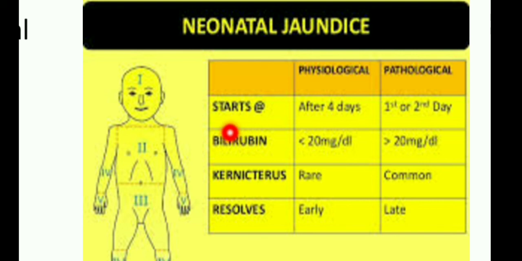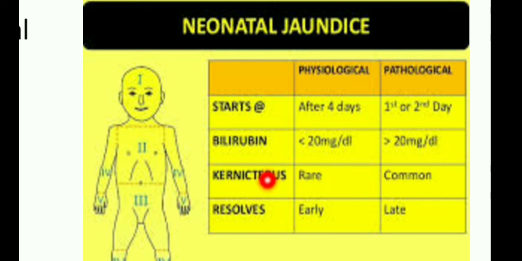When does it start? Physiological jaundice starts after 4 days of life. Pathological jaundice starts on the first or second day of life after birth. The bilirubin level in physiological jaundice is less than 20 milligrams per dL. In pathological jaundice, it is more than 20 milligrams.